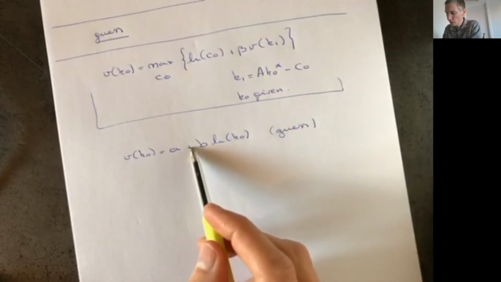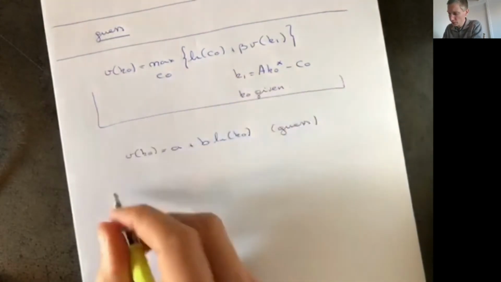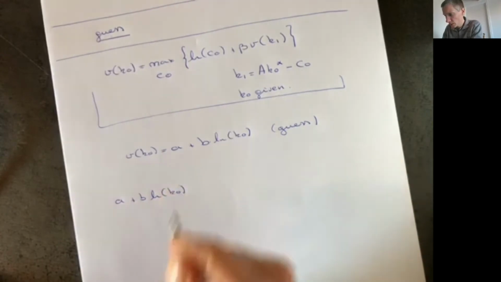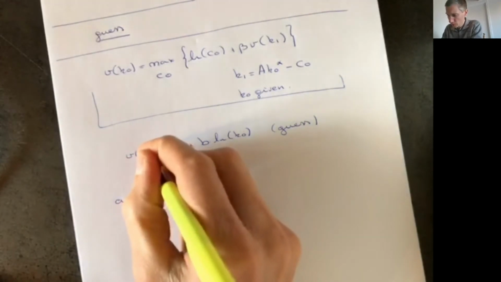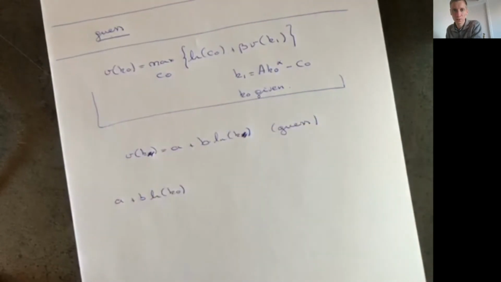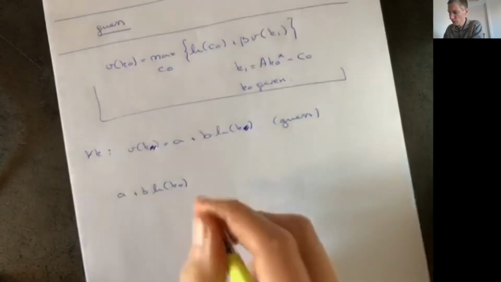So what I'm going to do is substitute it here, and substitute it here. On the left-hand side I will have a plus b ln k. Actually I have to omit the k0 here because this holds for every k, right? So it's for all k I have this value.